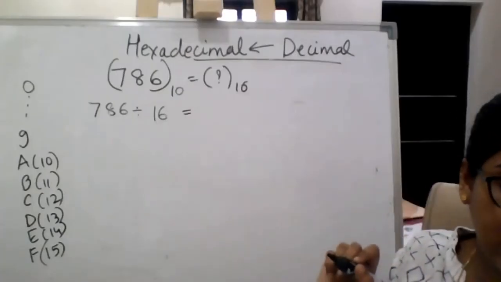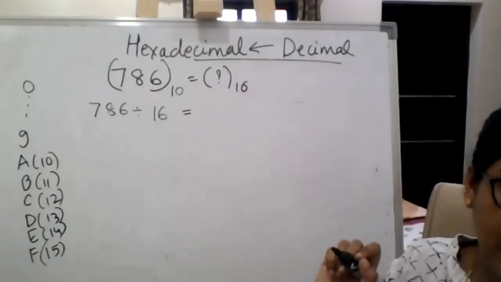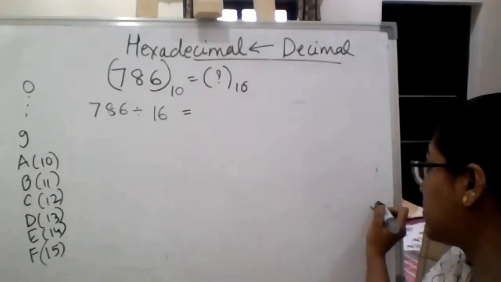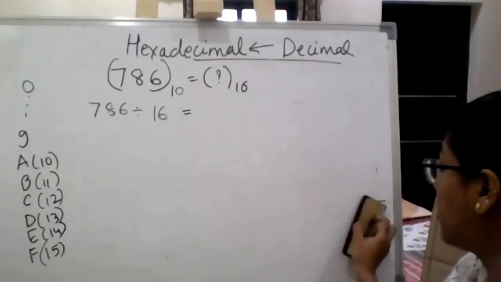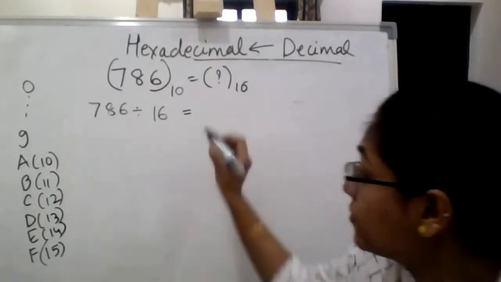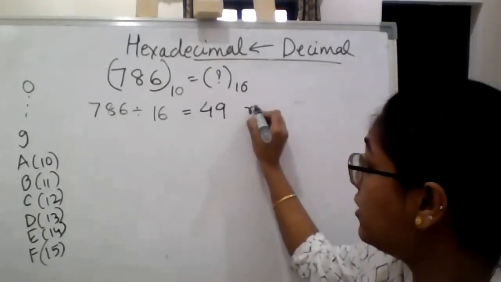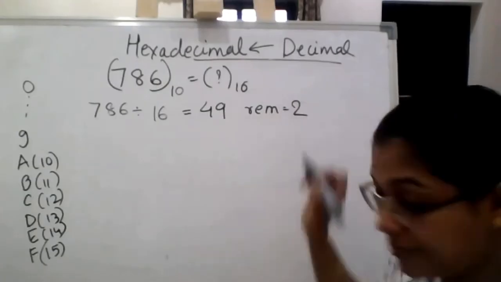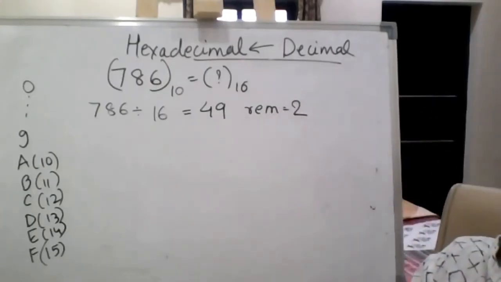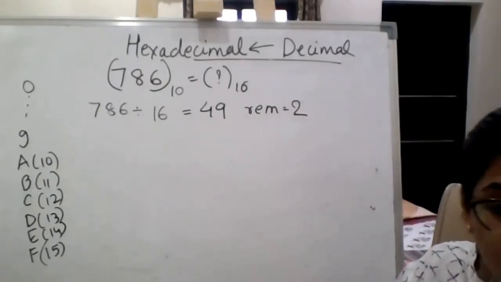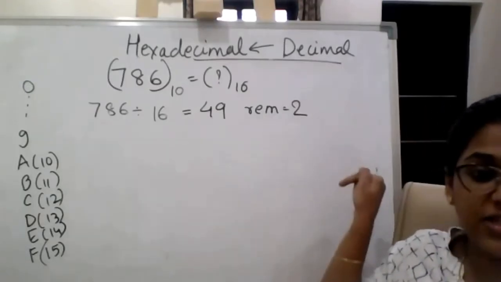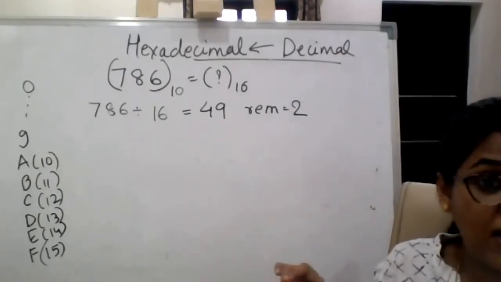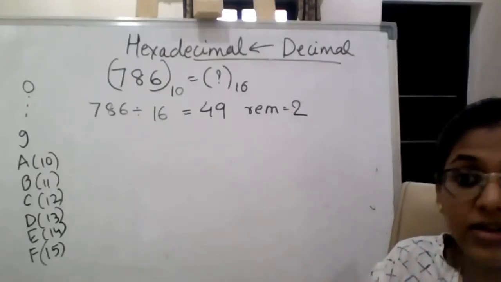Can someone tell me the answer? If I am not mistaken, the answer comes to 49, remainder 2. I don't want the decimal 49.125, I want the remainder, so do normal division. Learn the table of 16.